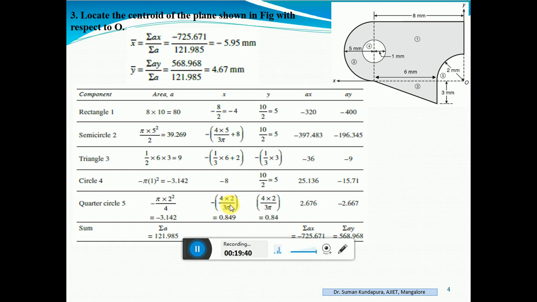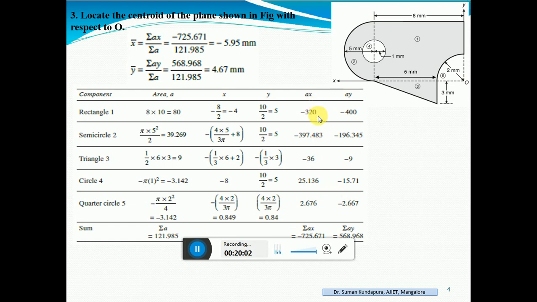Substitute the r value and find out what this value is. So you will get a negative sign over here, negative sign over here. Minus 0.849 into minus 3.14 becomes 2.676. This is positive, this is negative, so it becomes minus here.